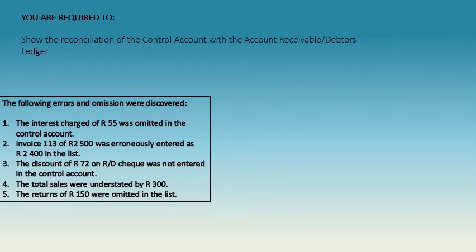This slide presents a different scenario for the requirement. Here, you are required to show the reconciliation of the control account with the accounts receivable or the debtors ledger. You are not required to show or to rewrite the accounts receivable control in the general ledger.